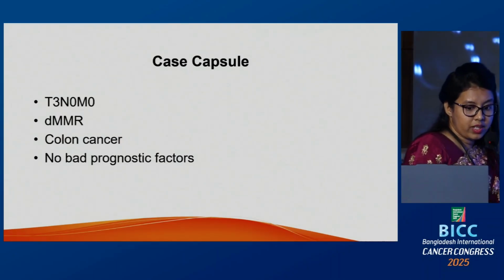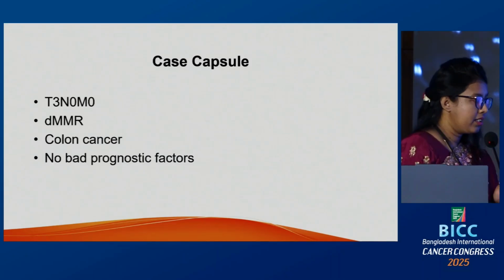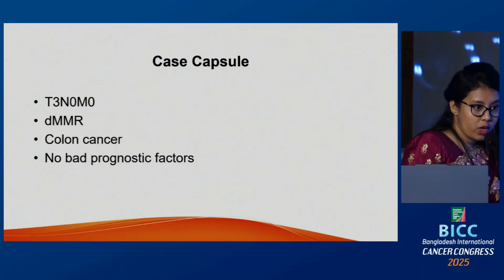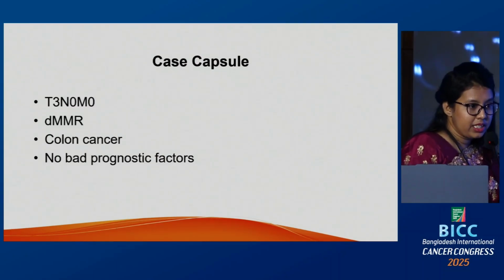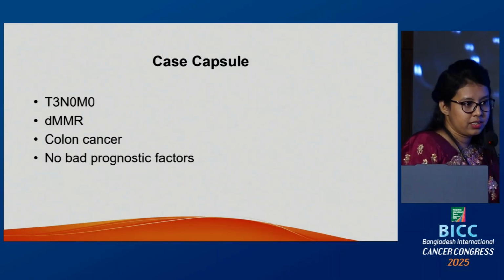In this regard, we can take help from ctDNA. If ctDNA becomes positive after 4 weeks of surgery, then this patient usually needs adjuvant therapy. But if ctDNA becomes negative, then this patient should go for close surveillance.